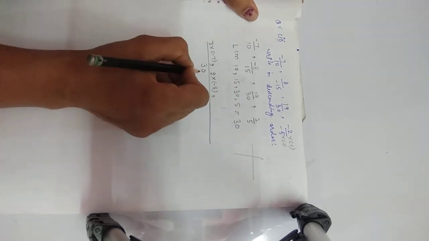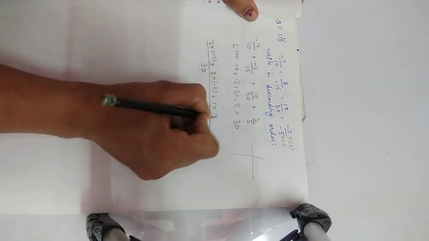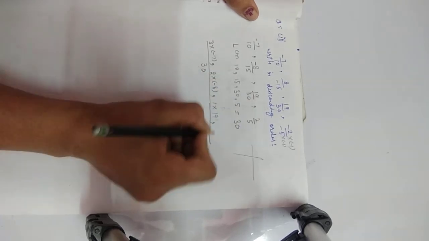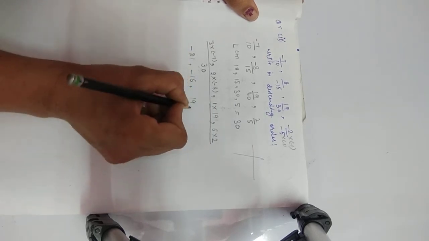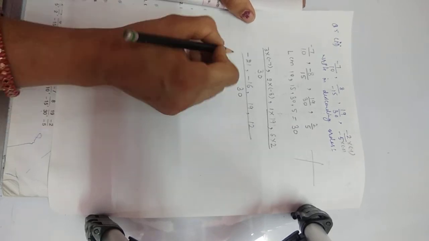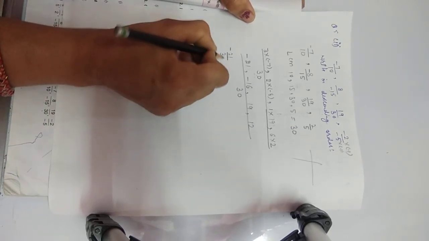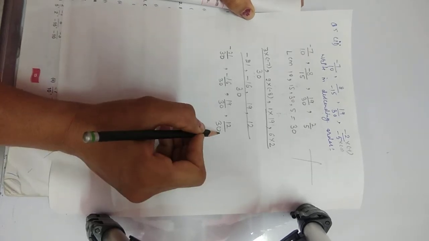Next 30 divided by 30 is 1, 1 multiply numerator 19. 30 divided by 5 is 6, 6 multiply 2. That is minus 21, minus 16, 19, 12. Directly you can separate with the denominator 30, that is minus 21 by 30, like this.